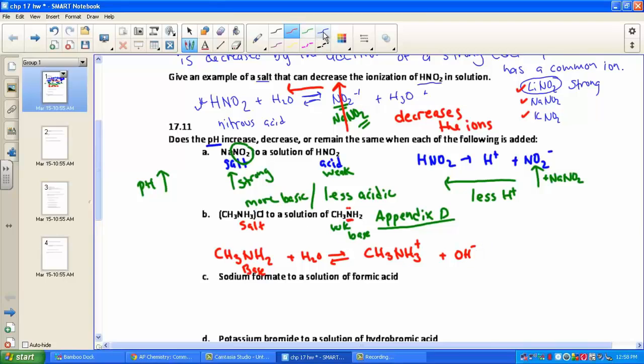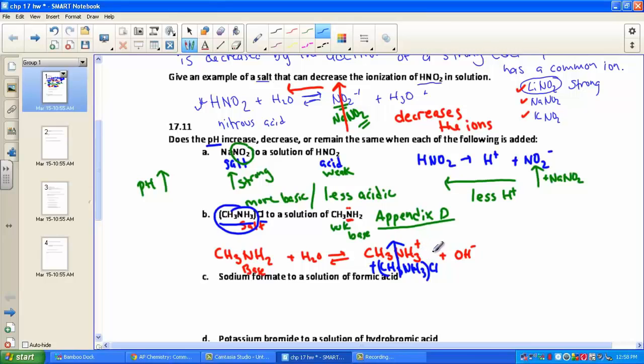Now, what's the ion we have in common this time? In methylamine chloride, the methylamine is the common ion. So when we add methylamine chloride, we're adding positive, negative, that's the salt, that's increasing the concentration of this conjugate acid.